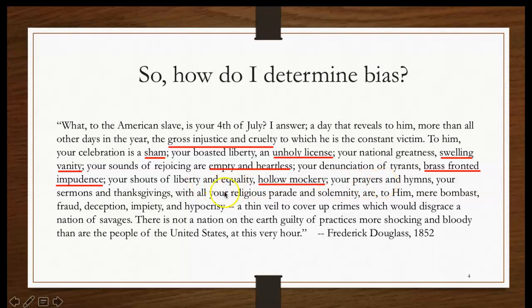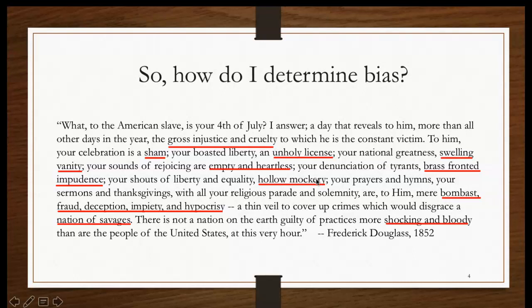Your prayers and hymns, your sermons and thanksgivings, with all your religious parade and solemnity, are to him mere bombast, fraud, deception, impiety, and hypocrisy, a thin veil to cover up crimes which would disgrace a nation of savages. There is not a nation on the earth guilty of practices more shocking and bloody than are the people of the United States at this very hour."